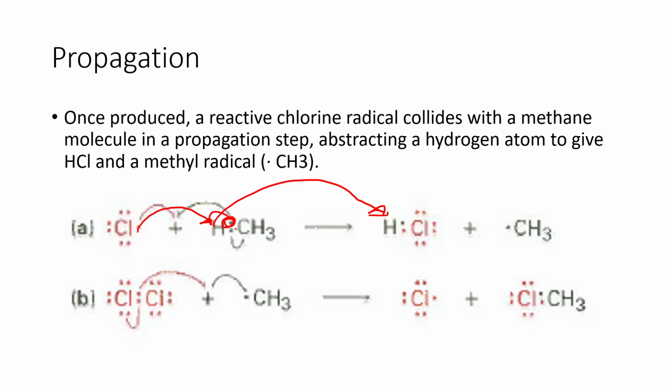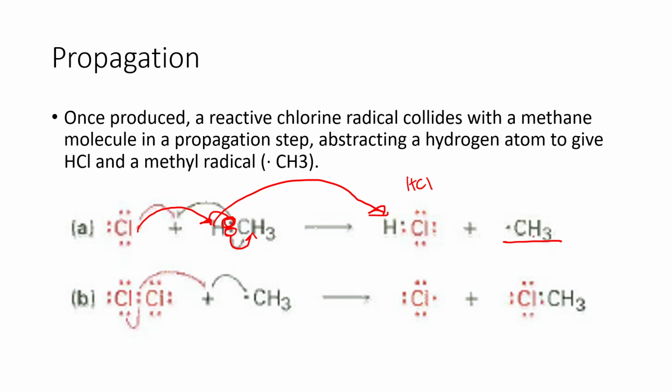The electron left between the bond between hydrogen and carbon will now move towards this CH3 molecule, forming a methyl radical. So the first product is your hydrochloric acid, and the next one is a methyl radical.